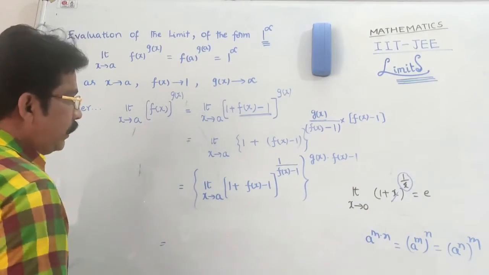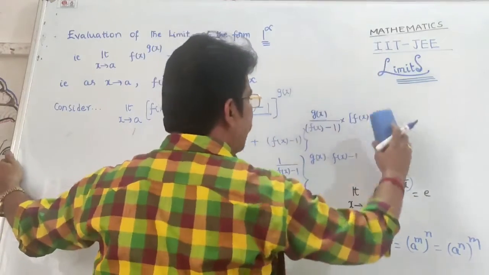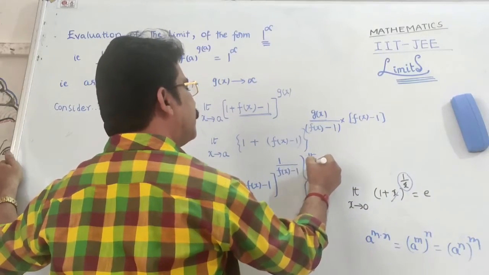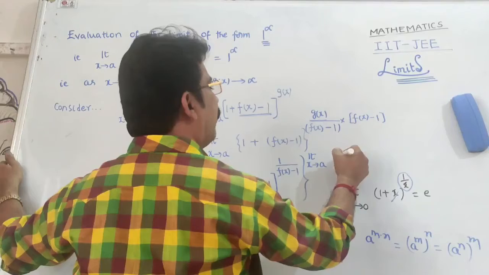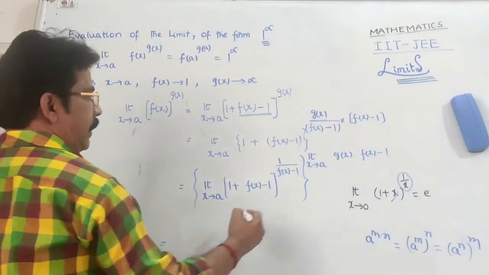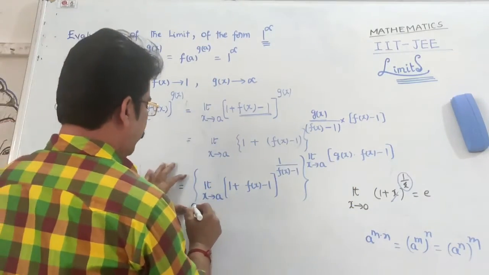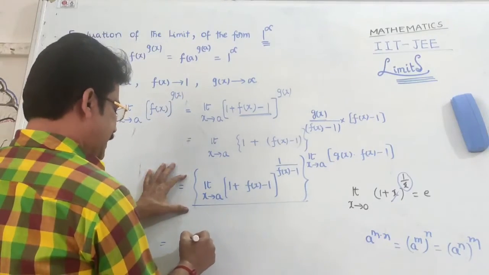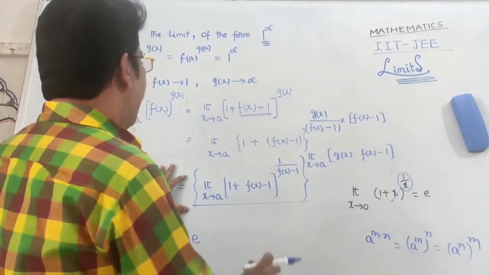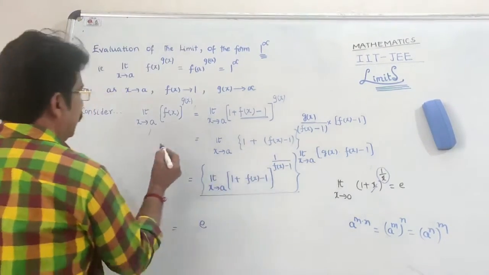So that is equal to, or we can write it as a limit for this also. Directly I will apply the limit here without taking another step. Limit x tends to a, g of x into f of x minus 1. So that is equal to, totally this bracket value is e, e means approximately equal to 2.7, whereas f of x will tend to 1.